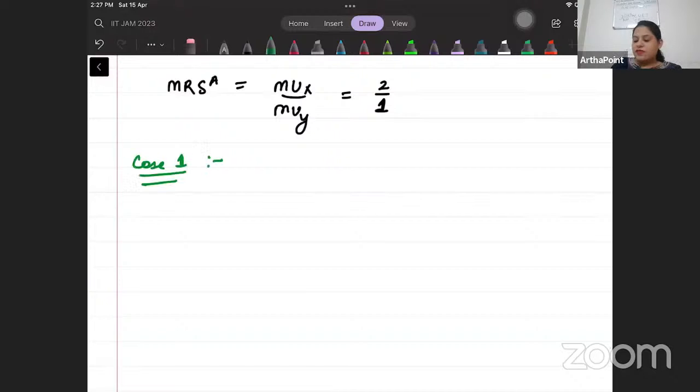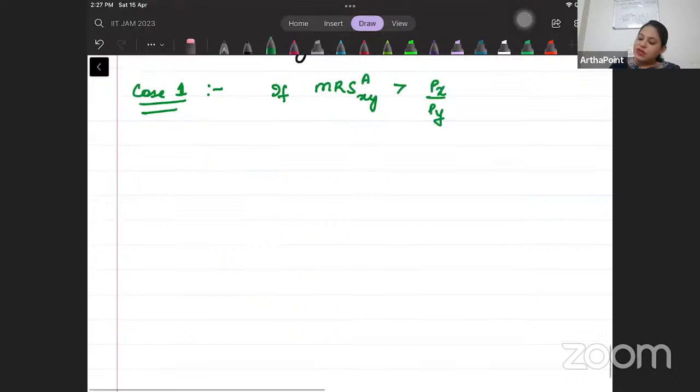So case 1 that I'm going to take: if MRS of individual A is greater than the price ratio. MRS of individual A is 2, so 2 is greater than PX by PY.